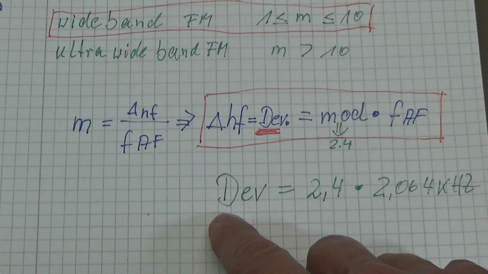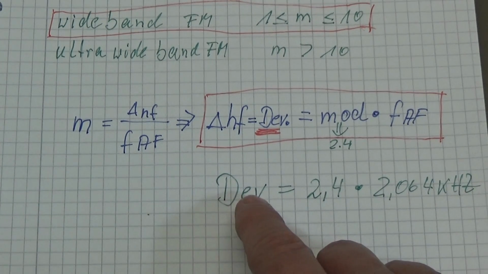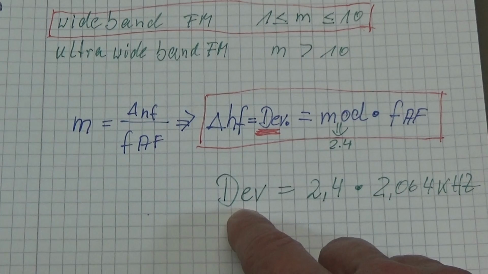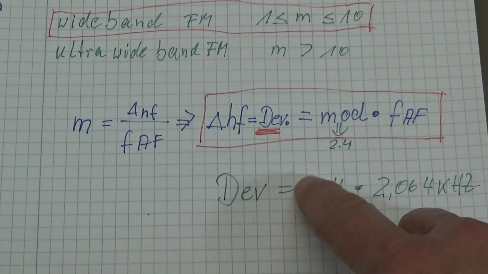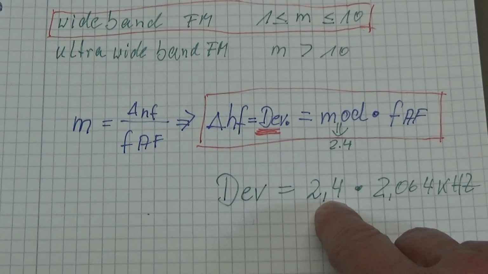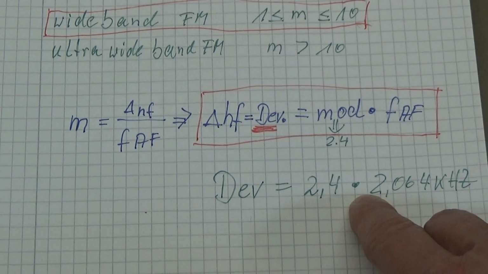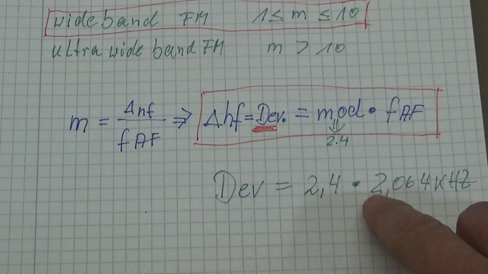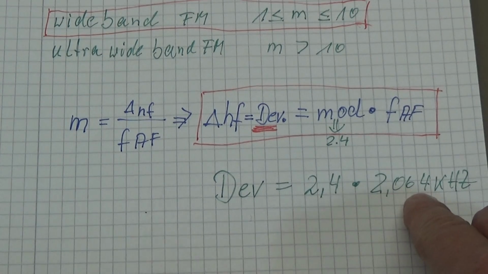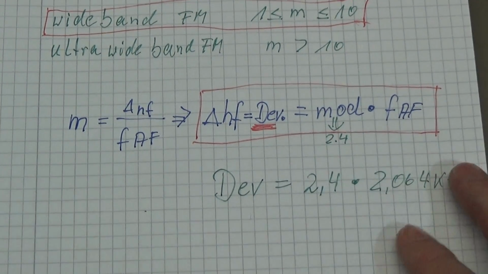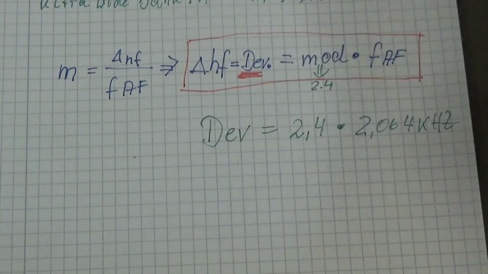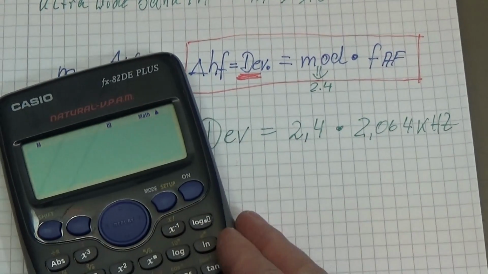And that means the formula we are using now is deviation equals 2.4 for Bessel 0 times the audio frequency we found where the carrier is almost 0. And that was 2.064 kilohertz. And now let's see what that means.